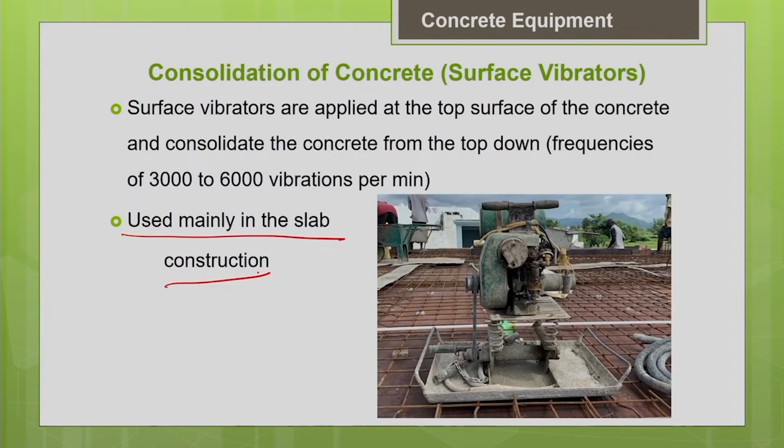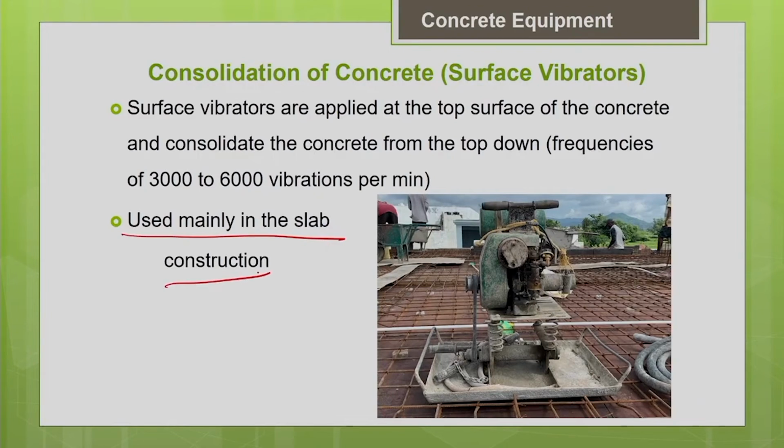Similarly, if the reinforcement is very congested, in a densely reinforced slab, it is very difficult to find the spacing to insert the vibrator between the reinforcing bars. In those cases also it is not possible to use internal vibrators. So, in those cases we go for the surface vibrators.